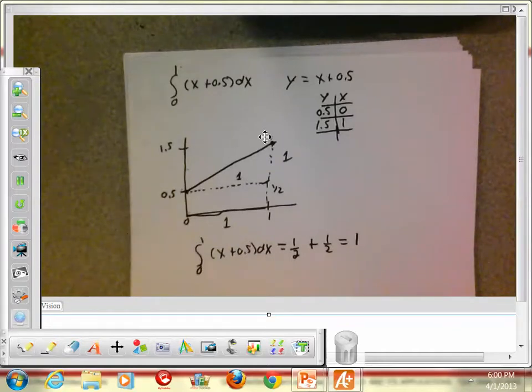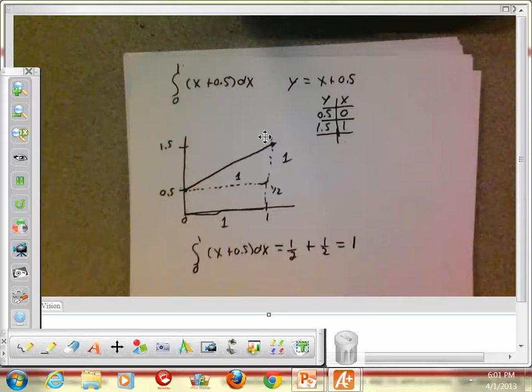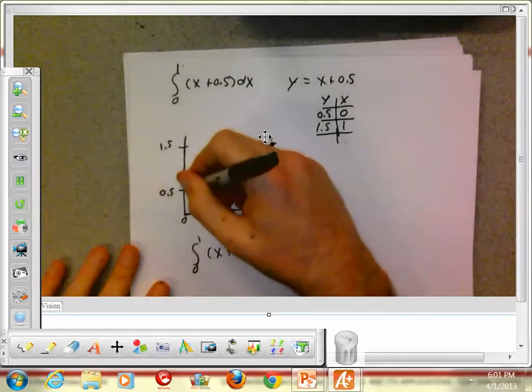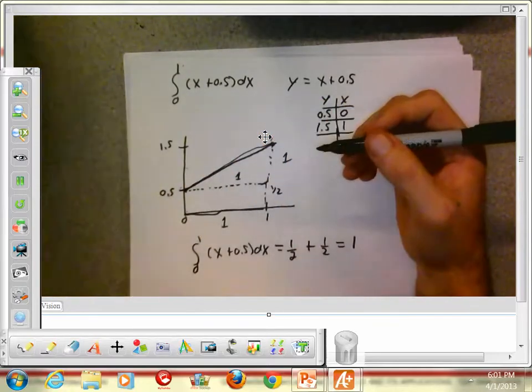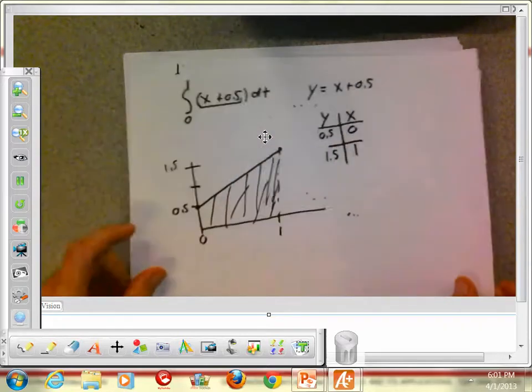Well, the idea is that the definite integral between 2 points is going to be the area between the curve and the x-axis, right? So if we graph this function over here as a straight line, what we're interested in is the area under this line.